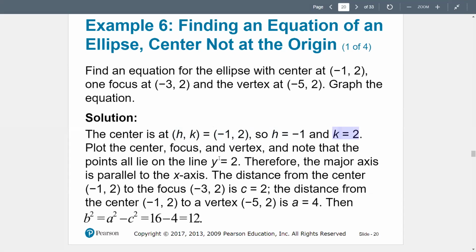Okay. So if we plot the center, the focus, and the vertex, we're going to realize that everything's lying on the line y equal to 2. So then again, we have a major axis along the y-axis, basically. It's parallel to it.